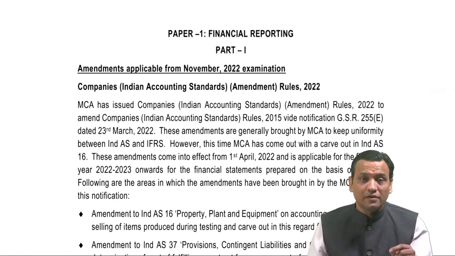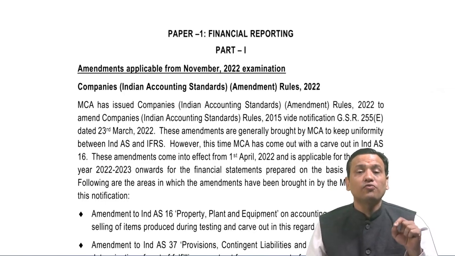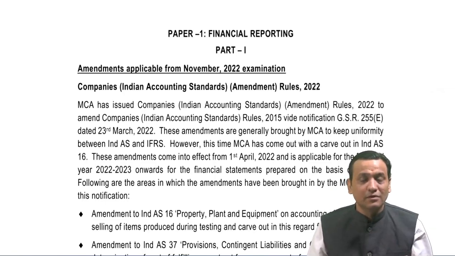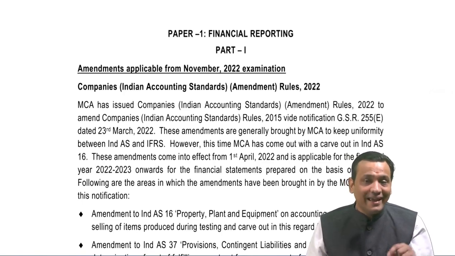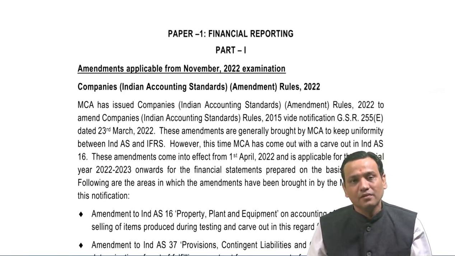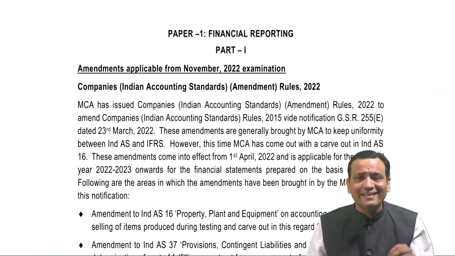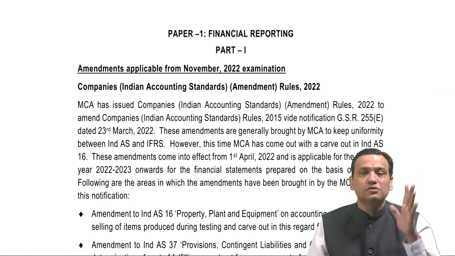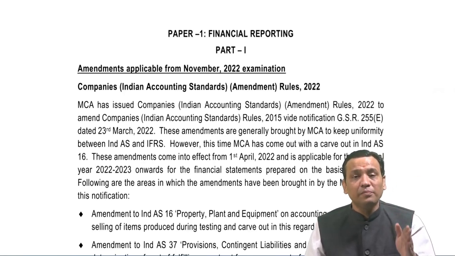As per IAS 16, this 200 is to be credited to profit and loss account. But my dear students, we have a carve out. As per Ind AS 16, the 200 which represents excess sales proceeds from sale of goods produced during test run is to be reduced from the cost of PPE.